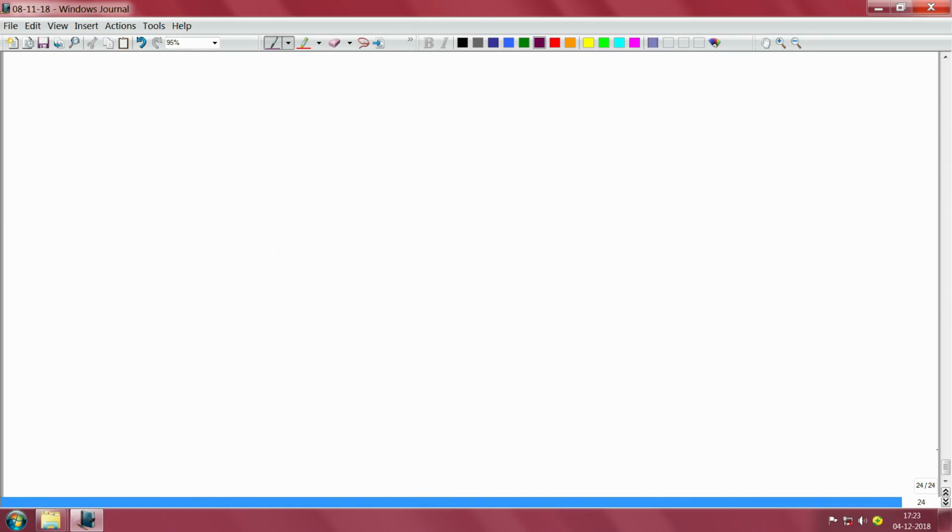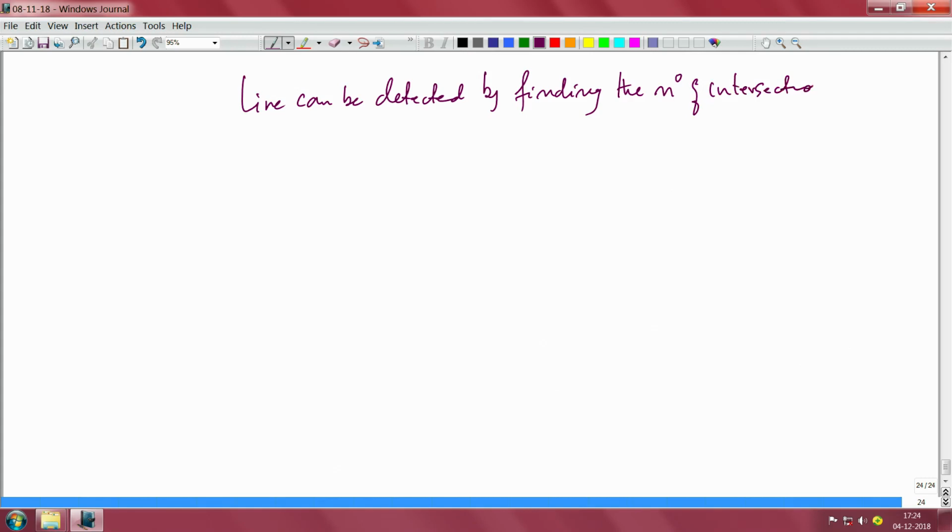In general, you can say that a line can be detected by finding the count of the number of intersections between curves.